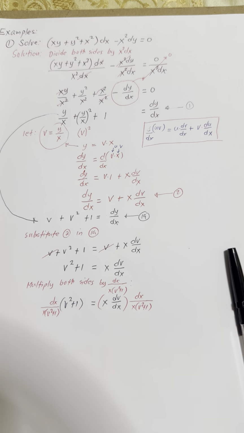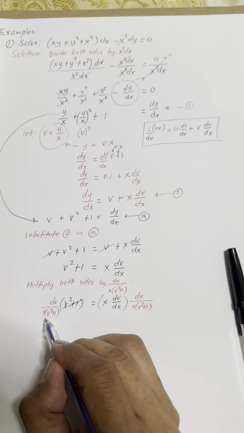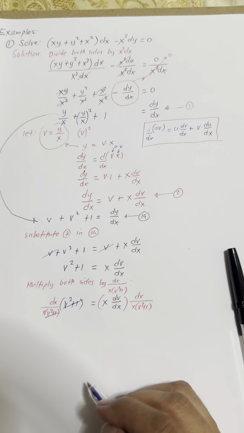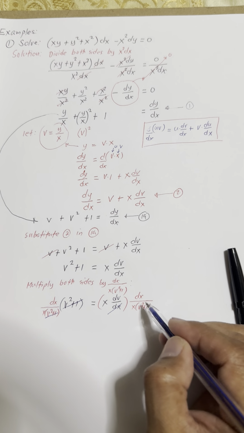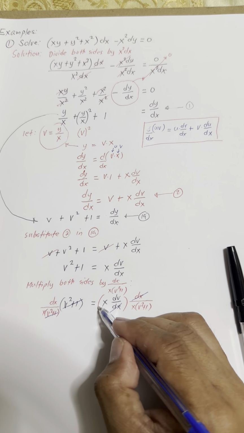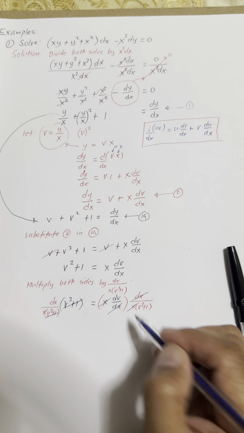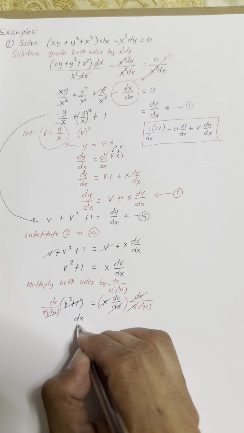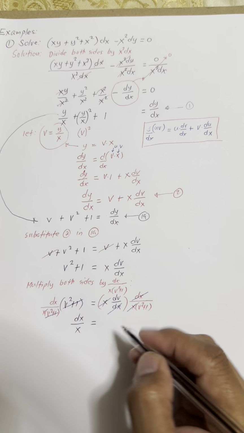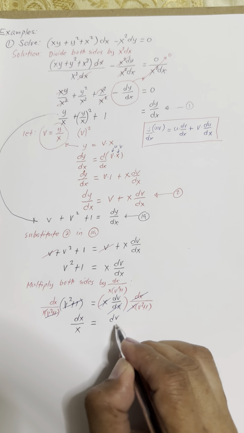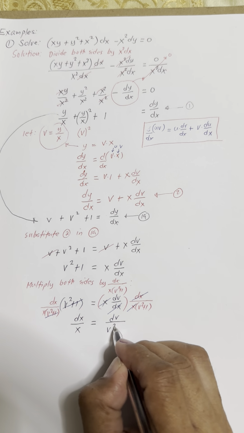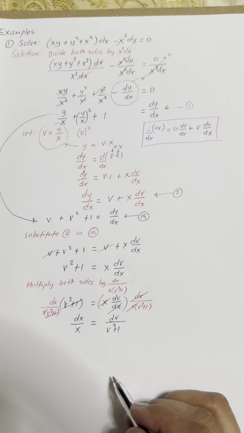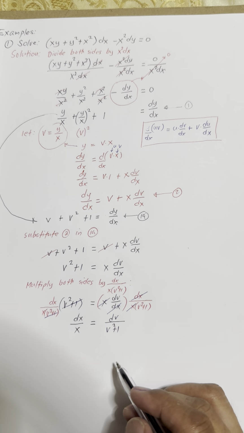So v squared plus 1 at the numerator and v squared plus 1 at the denominator cancel out. Similarly, dx at the denominator and dx at the numerator cancel out. x at the numerator and x at the denominator cancel out. So what is left on the left side is simply dx over x. On the right side, we have dv divided by v squared plus 1. Okay, so we have separated variables.